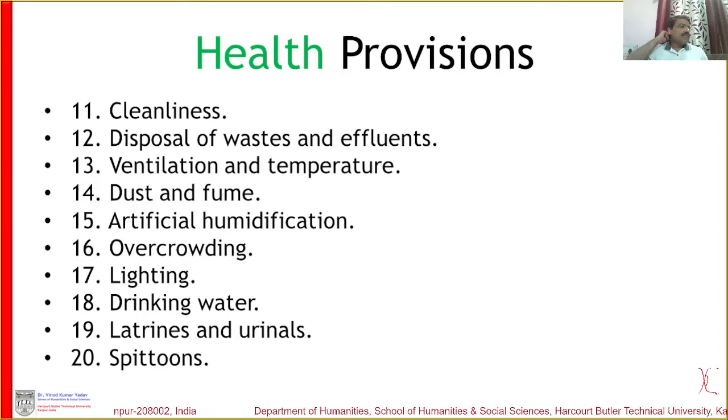It was mentioned in the Factories Act that those factories which were existing before enactment of the act, that means before 1948, were required to follow a minimum of 9.9 cubic meters of space.